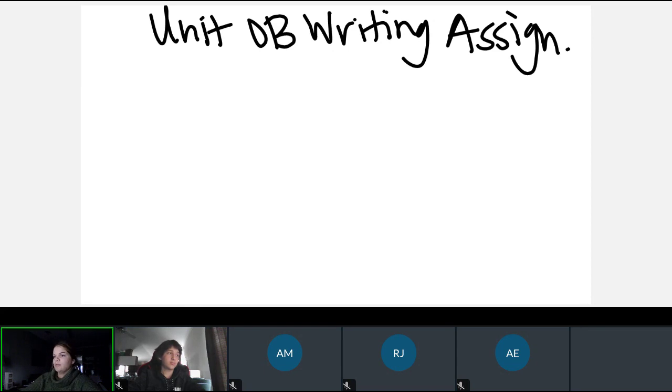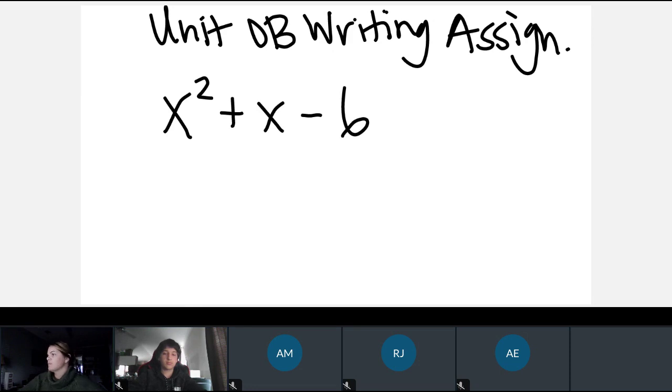Let's do x squared plus x minus 6. Okay, so my A value, the number in front of x squared, would be 1. So in this case, I can factor just by looking at my last number and my middle number.